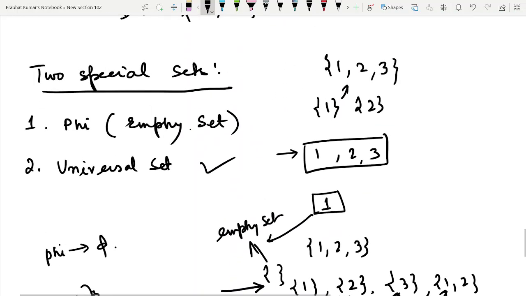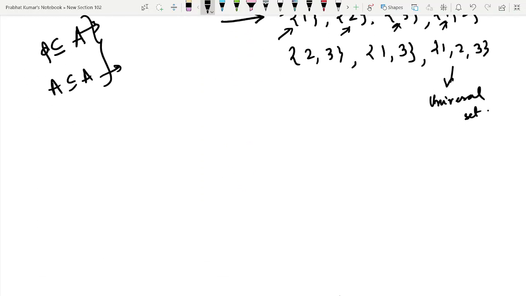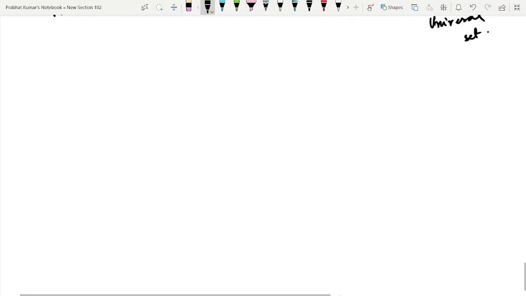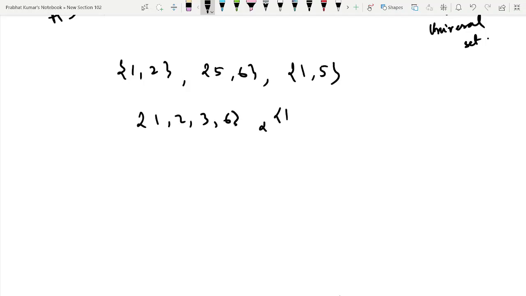Okay, so I hope you have understood these two things called phi and universal set. So let us dig some more into the universal set. What can be a universal set? Generally, suppose we are dealing with these sets: 1, 2, 5, 6, and then there is 1, 5, and suppose 1, 2, 3, 6, and 1, 4, 2, and such kinds of things.